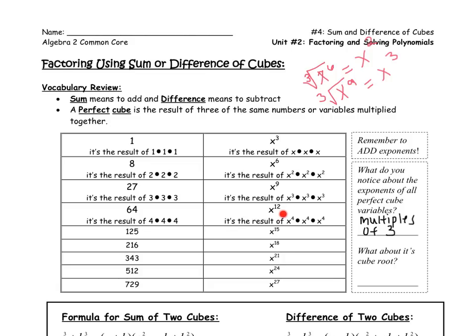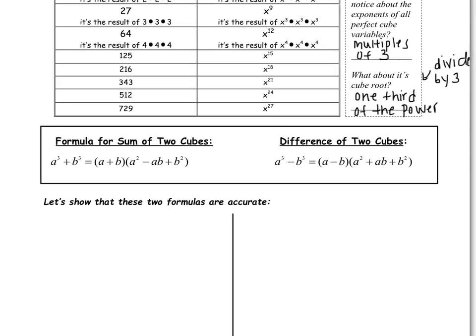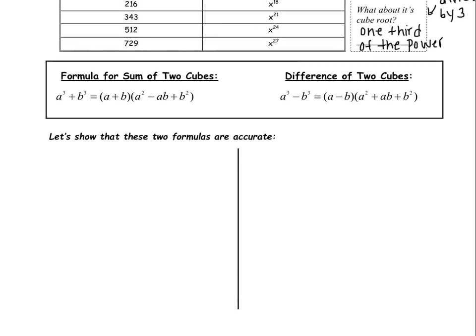If you take 12 and divide it by 3, you get 4. So we want to say cube root is 1/3 of the power. Or you could just say divide by 3.